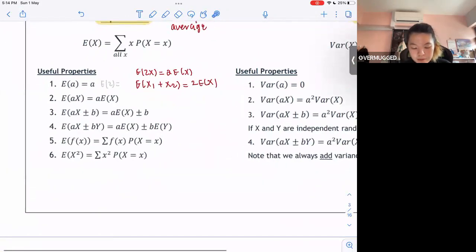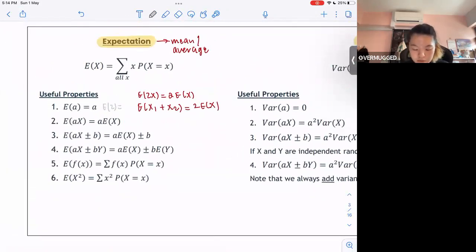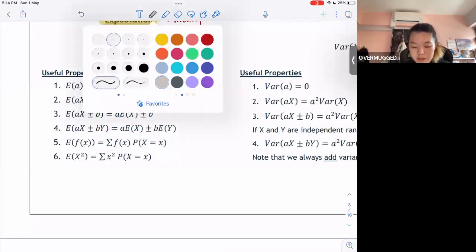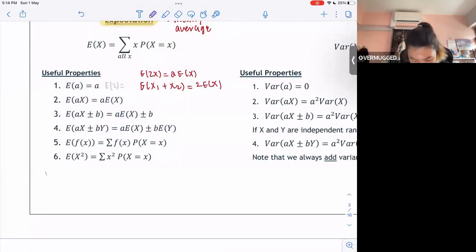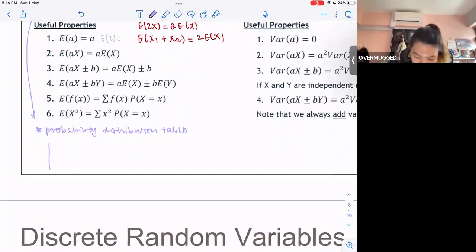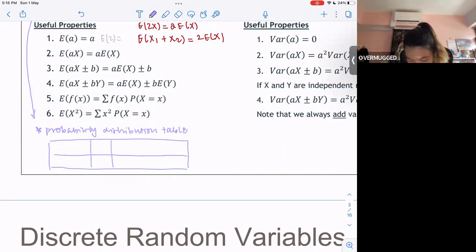Okay, but basically, for discrete random variables, you're going to have to use your probability distribution table. So this is going to be super useful for this chapter, right? A bit linked to your probability. And I'm not sure whether you remember, but your probability distribution table more often than not looks like this.